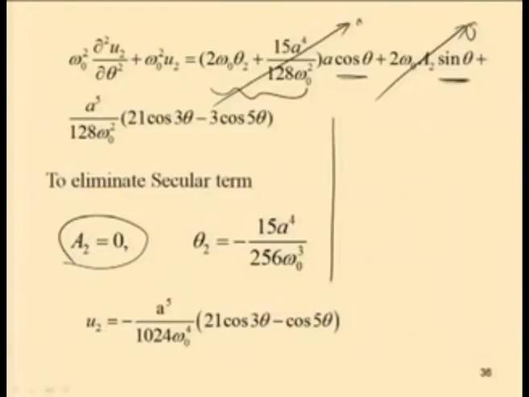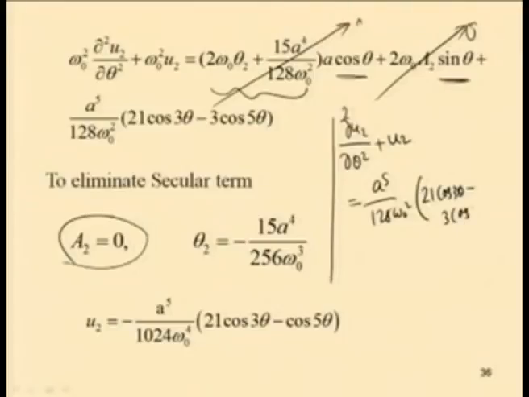By dividing by omega 0 square, we have this equation: del square u 2 by del theta square plus u 2 equals a to the power 5 by 128 omega 0 square into 21 cos 3 theta minus 3 cos 5 theta.